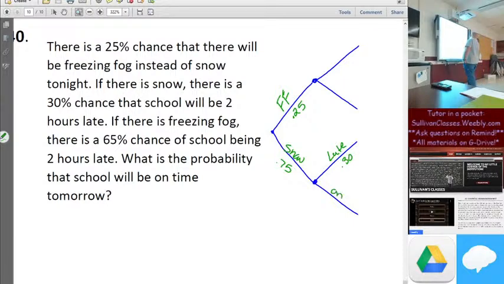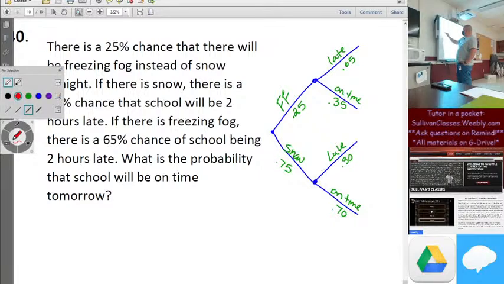This would be on time. And it'll be the corresponding 70%. If there's freezing fog, there's a 65% chance of being late. And that means we'll be on time 35%. What's the probability school will be on time tomorrow?